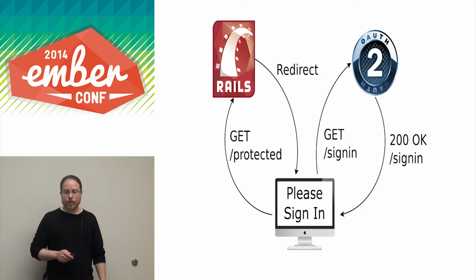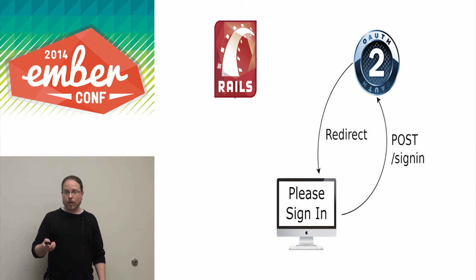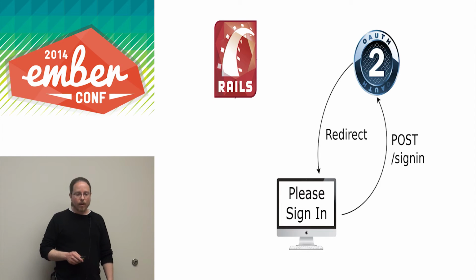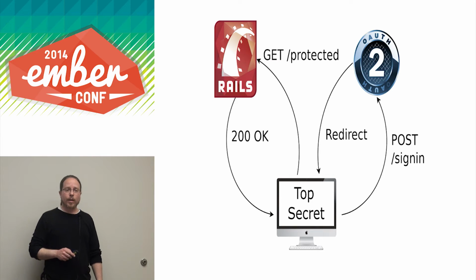Then eventually that form is going to get posted back to the OAuth provider. The provider is going to verify the credentials, and if everything works and the user is able to log in, then the OAuth provider is going to redirect back to the original service. And then at that point, the service is going to know, okay, this person is logged in, and I can show them this top secret information.